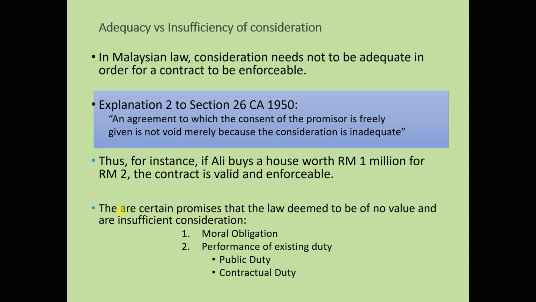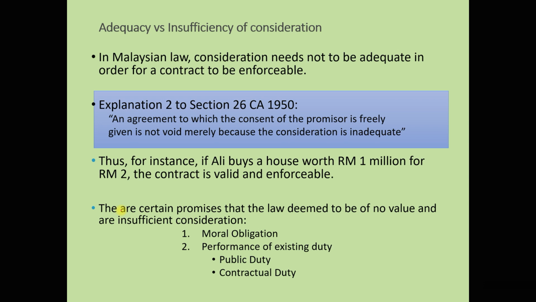But the law actually doesn't take into account the adequacy. It's just sufficiency only. That's why if you buy a house for 2 ringgit, when the house is apparently worth 1 million or more, the contract is still valid.